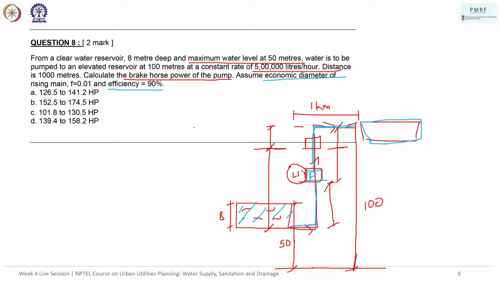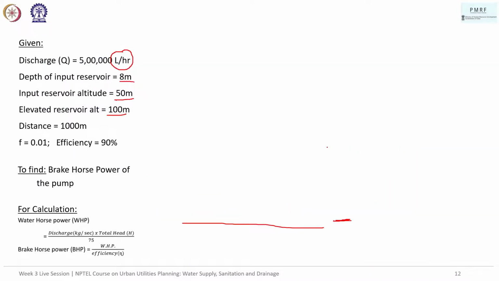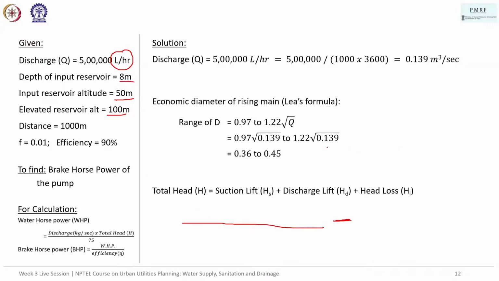So you see this entire suction lift plus discharge lift will be the same no matter at which altitude I am placing the pump. So it doesn't matter to us where exactly we're placing the pump. Here the suction lift plus discharge lift will be 58 meters because the difference in altitude is 50 meters plus the depth of the input reservoir. So we are carrying all of the water from one reservoir to another.